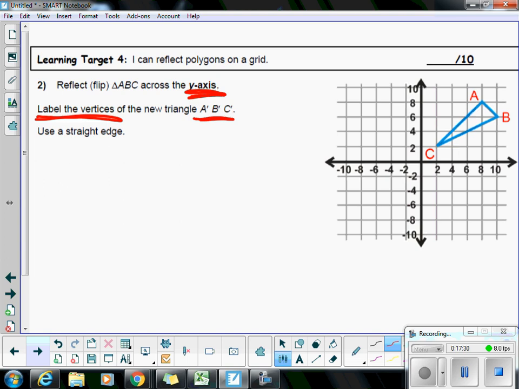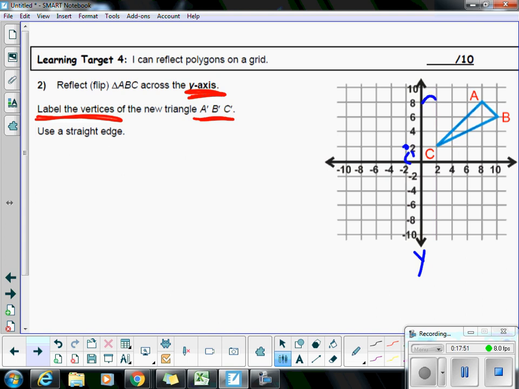So, if I'm flipping over the y-axis, I'm flipping over the vertical line. So I'm just going to count boxes and make sure they're an even amount away from the y-axis on the left side, just like they are on the right. So C prime is 1 away.